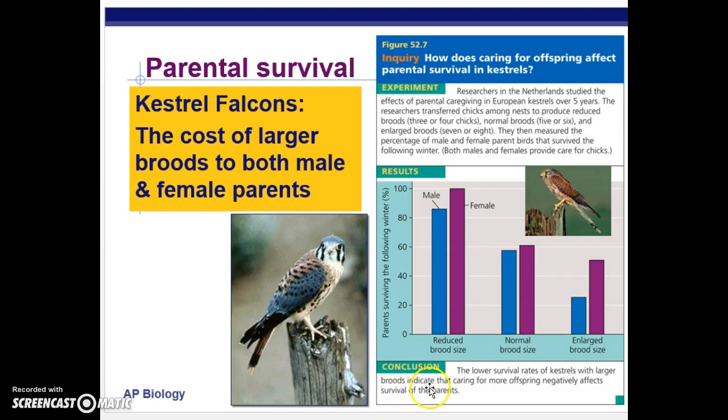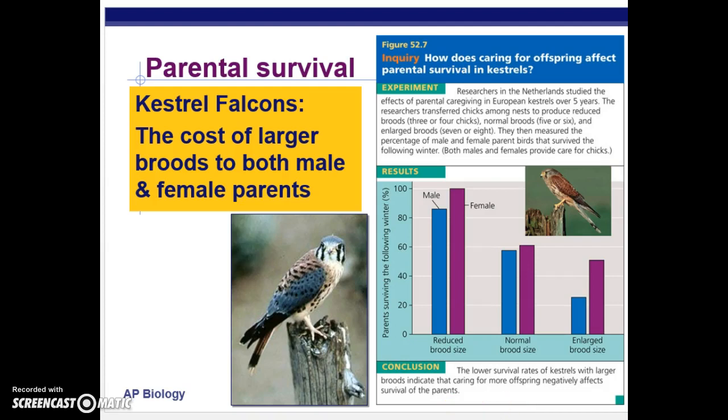And so you want to, as a population, have the most number of living offspring that you can to populate the next generation, but you want to do that without killing off the adults. So that's all this is talking about.